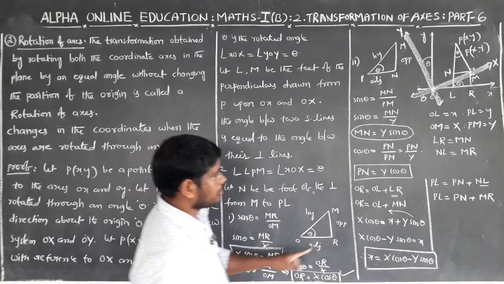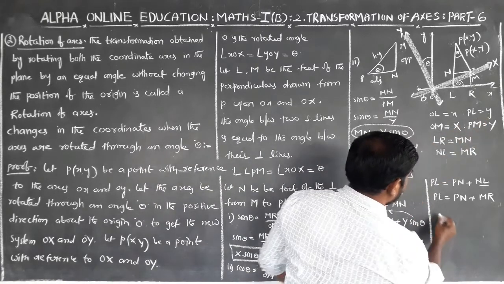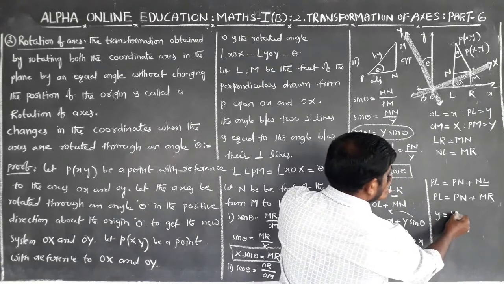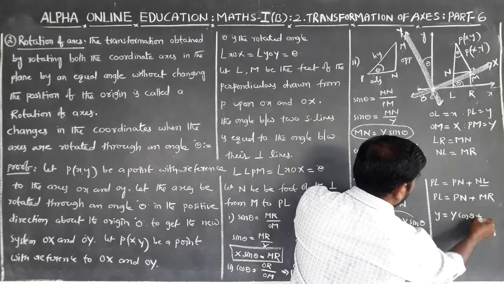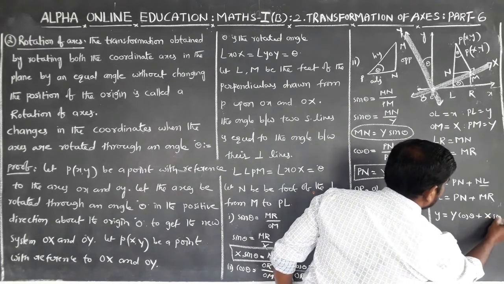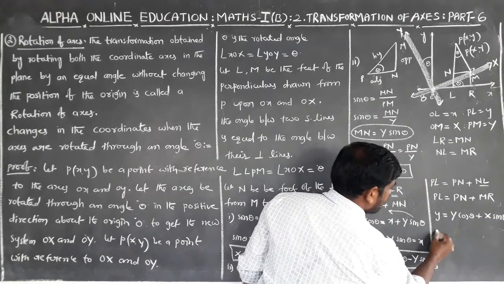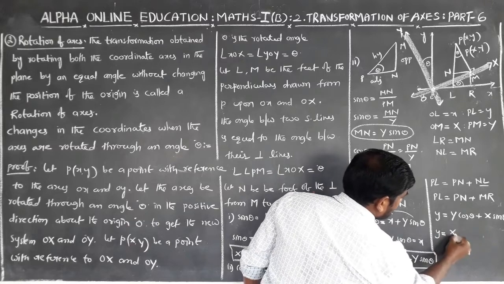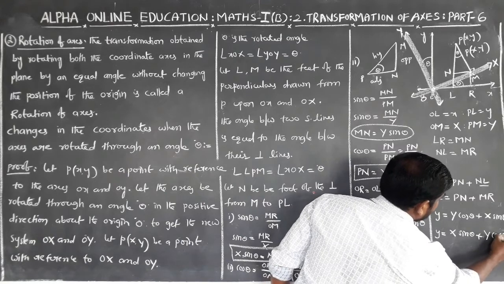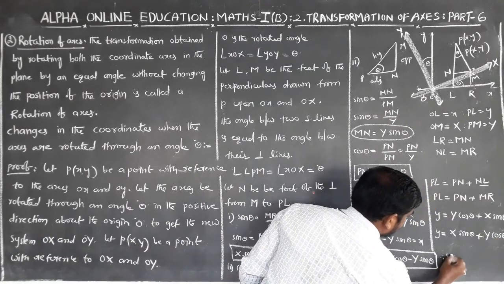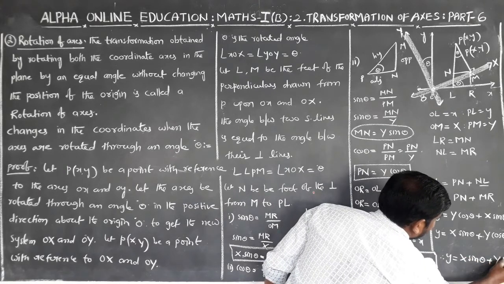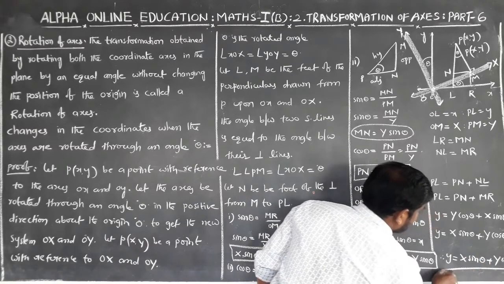PL is small y, PN is capital Y cos theta, and MR is capital X sin theta. Therefore, small y is equal to capital X sin theta plus capital Y cos theta.